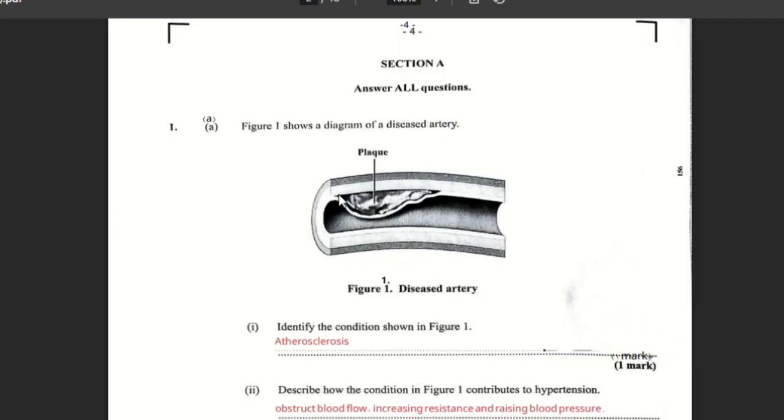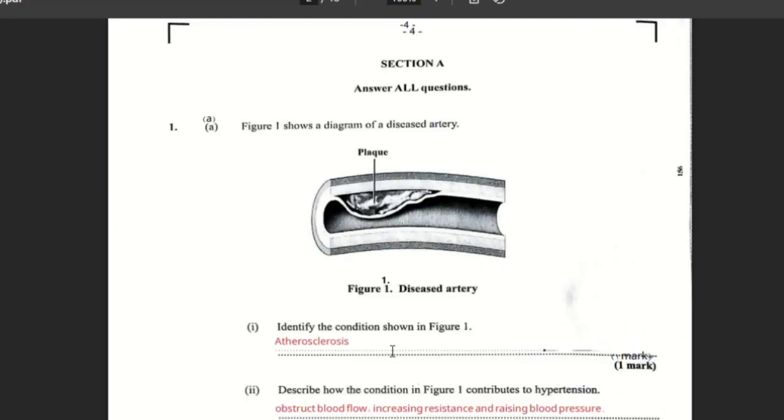As you can see, the plaque literally builds up, and plaque is a mixture of different things, for example cholesterol, that gets stuck in the arteries, and it can cause this condition called arteriosclerosis.